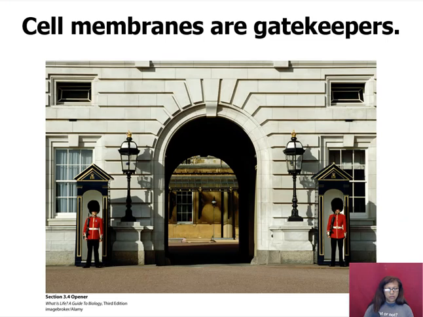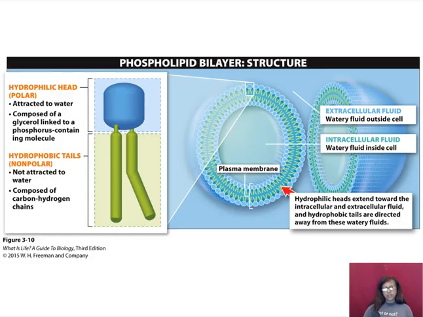But I want to carry on and look at cell membranes, because cell membranes are basically the gatekeepers for the cell. Okay? And remember in our lecture when we were talking about phospholipids, that was week 2, we took a look at the phospholipid and the fact that we had this hydrophilic head and we had this hydrophobic tail.